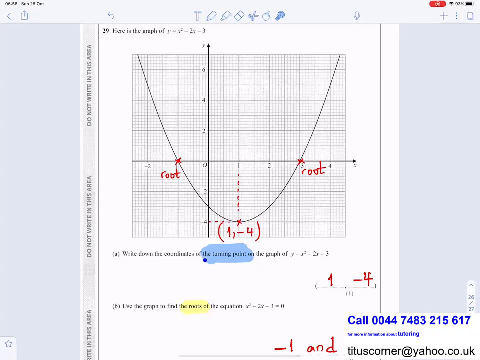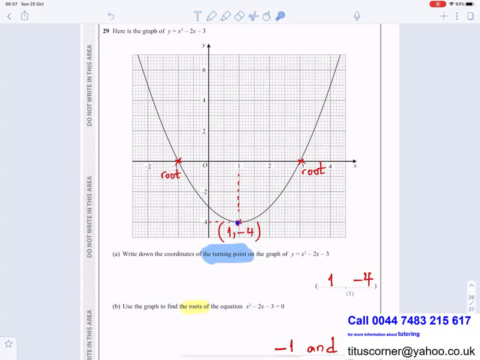Write down the coordinates of the turning point on the graph of y equals x squared minus 2x minus 3. Turning point means the graph is coming down, negative. The gradient here is 0 and it starts going up, positive. So it's turning at this point.